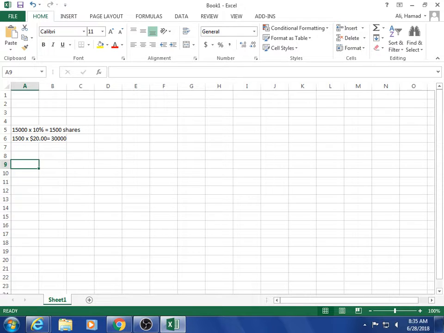On the declaration date, which is February 24, what do we do? We're going to debit stock dividends declared for how much?